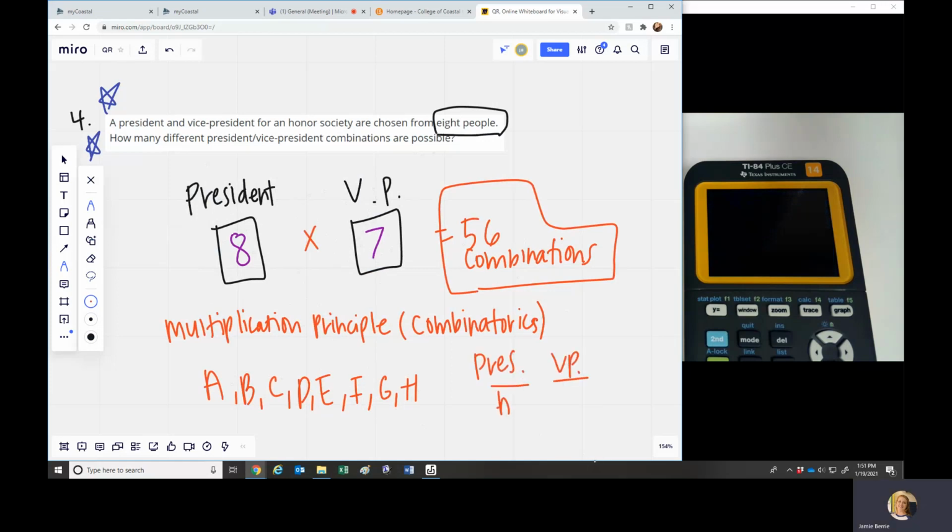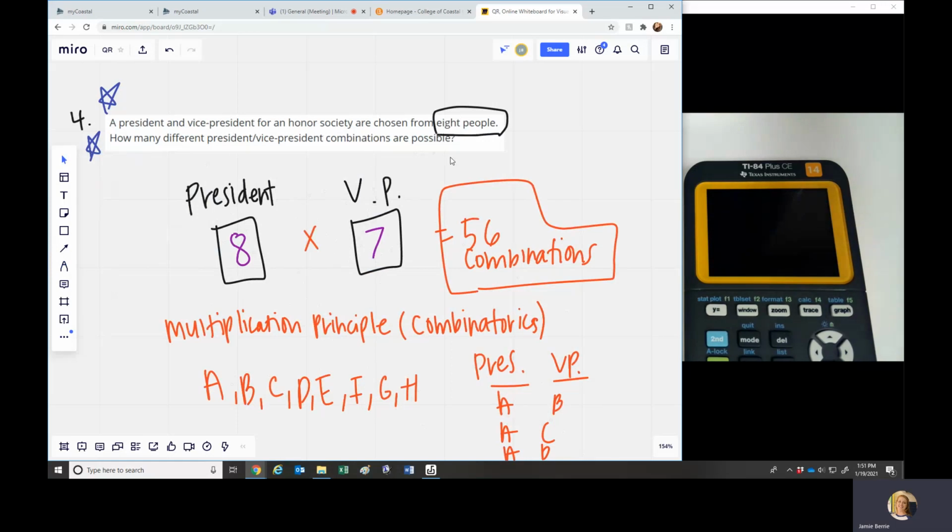Like you could have put A and B, A and C, A and D, and so on. But since there are 56 combinations total, that would have taken a really long time. So I think this is a better strategy. So you want to remember that multiplication principle for the test.